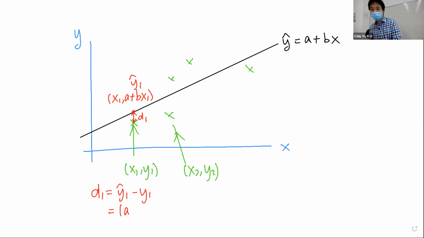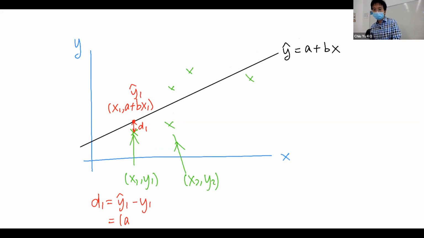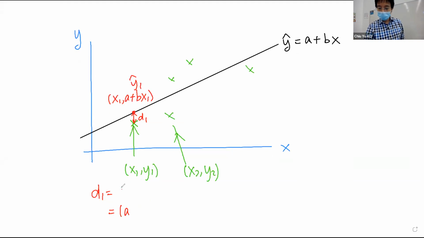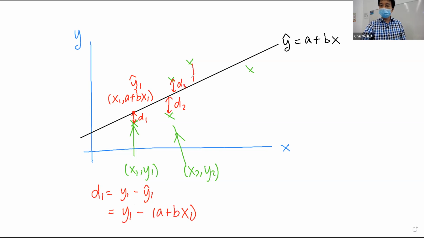Sorry, let me see. Oh, I just defined it the other way around. So I define it as Y1 minus Y1 hat. So this is Y1 minus (A plus B X1). So that one will give you the D1, D2, and D3, and so on and so forth.